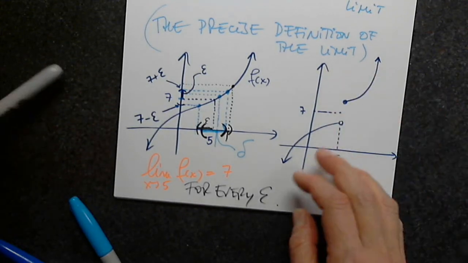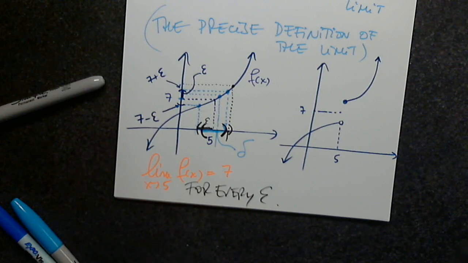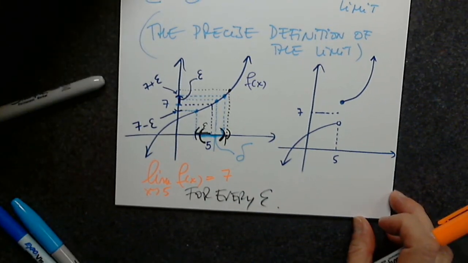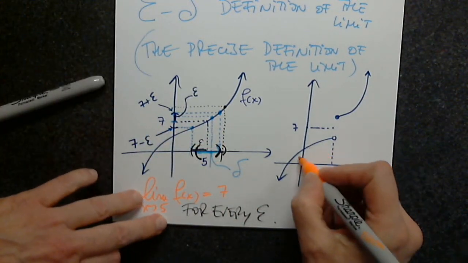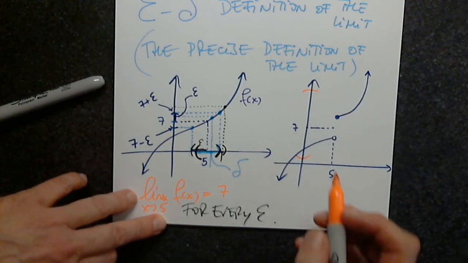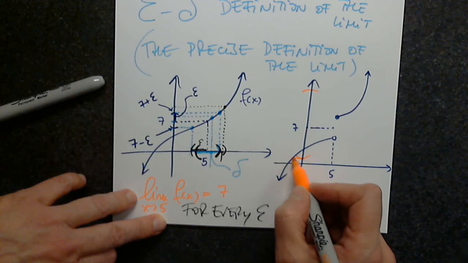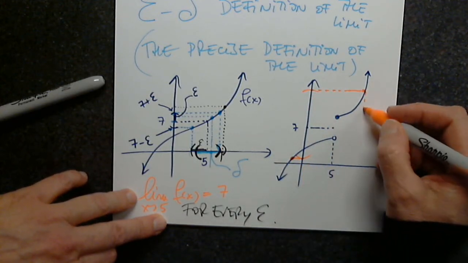Now, let's go to this example. I claim that the limit exists. That's my claim. And yes, you're going to say you lost your mind. And I'll say, well, let me show you. It works. I can choose this interval. And from this point here, I will be able to find a delta.